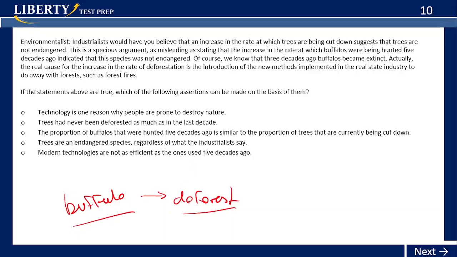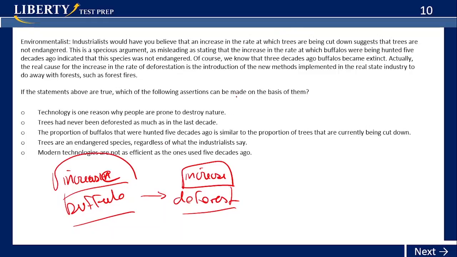They're trying to make an analogy that an increase in deforestation was because of the same reasons as the increase in the hunting of buffaloes. Not that the number of buffaloes getting killed and trees being cut down is the same. Basically, we're trying to compare the reasons for the increase, but not the numbers of increase. So that's out also. Those are out.